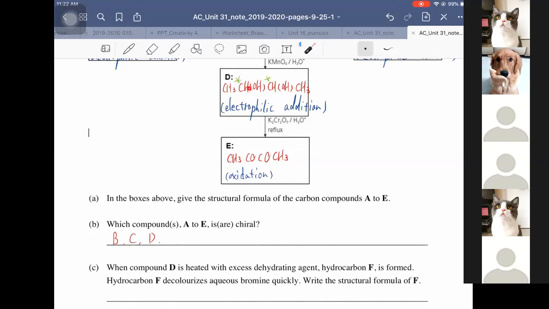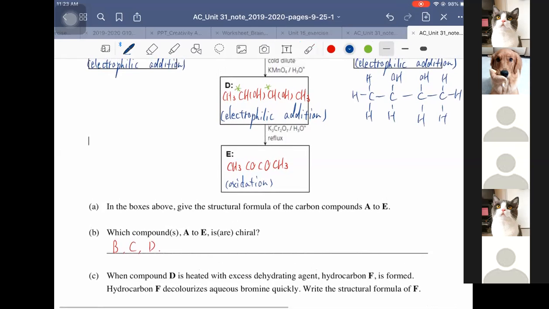And where to remove the water on this molecule, maybe it's easier to understand if I draw the complete structure. OH group here, and then we have the other one. Here we are able to remove two hydrogens from this molecule. The first one, we would remove this hydrogen, so a double bond will be formed between these two carbons.